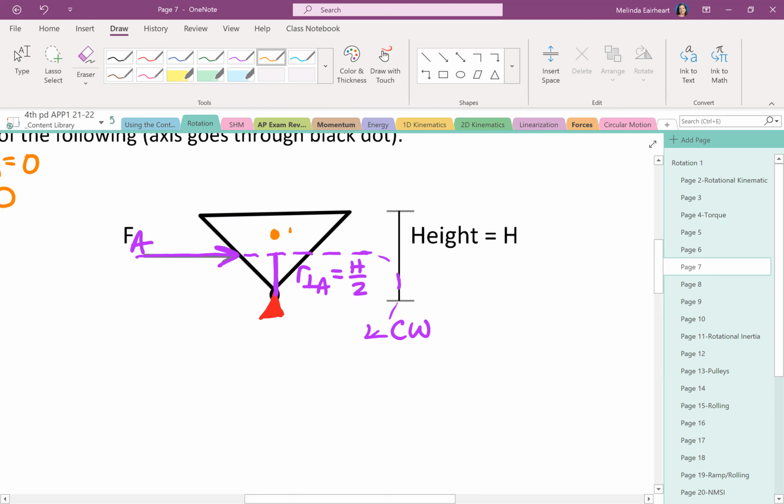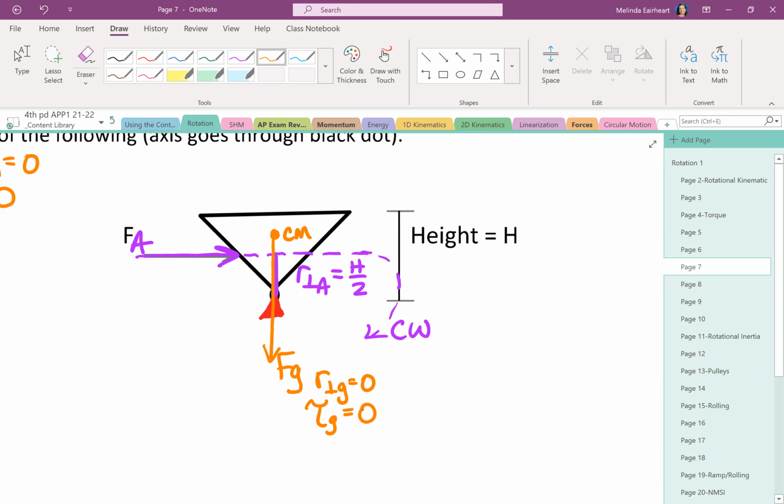So maybe our center of mass is right here. And this is where we're going to draw the gravitational force from. Notice it passes through the fulcrum. And so right here, right now, does it have a lever arm? No. Does it have a torque? No.